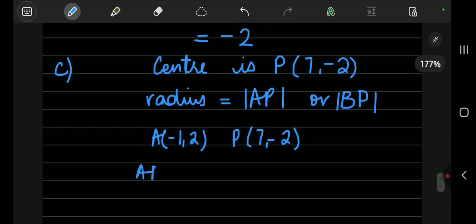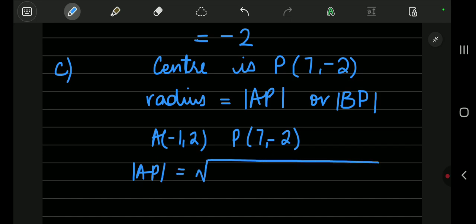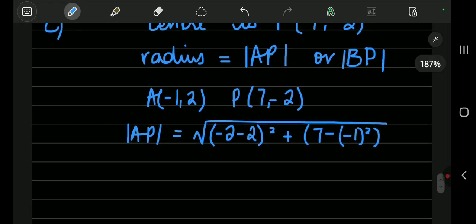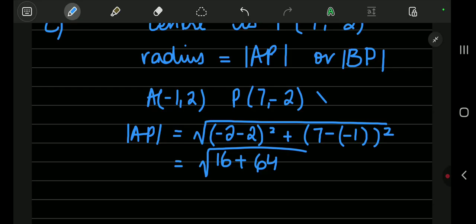So AP would be... what is the distance formula? (y2 - y1) squared plus (x2 - x1) squared. So -4 squared gives you 16, plus 7 minus -1, which is 7 plus 8, so 8 squared gives you 64. So it gives you root 80.